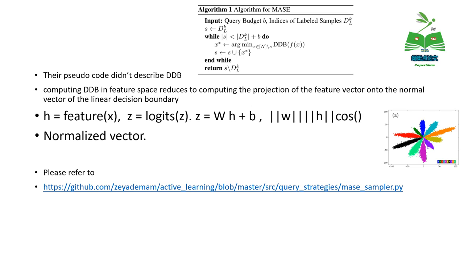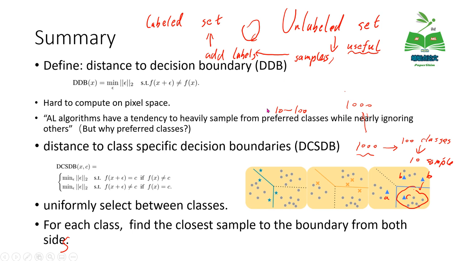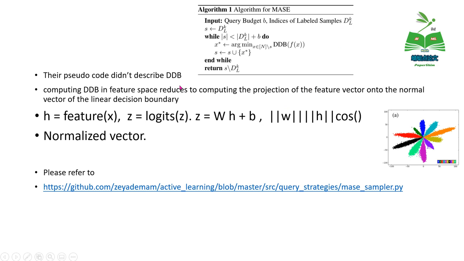Okay. So another problem is how they really compute the distance to the decision boundary, because in their paper and in their code they didn't describe it, they just used a sentence: computing DDB in feature space is equivalent to computing the projection of the feature vector onto the normal vector of the linear decision boundary.